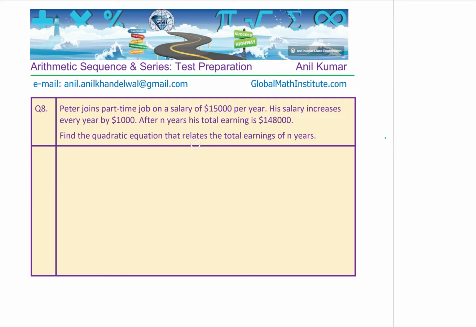Find the quadratic equation that relates the total earning for n years, right? So after n years, we don't know how many, it is 148,000. We have to find the quadratic equation that relates the earning of n years, right? So that is the question for you. It is a thinking and application question. I'd like you to pause the video, answer the question, and then look into my suggestions.